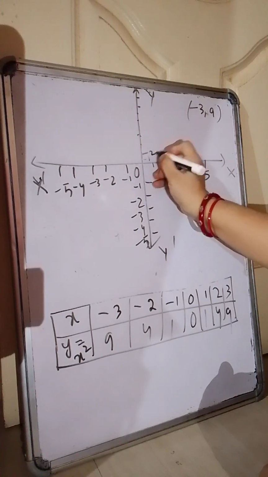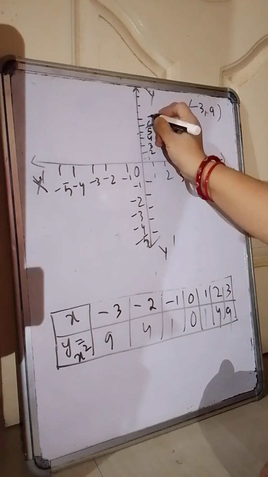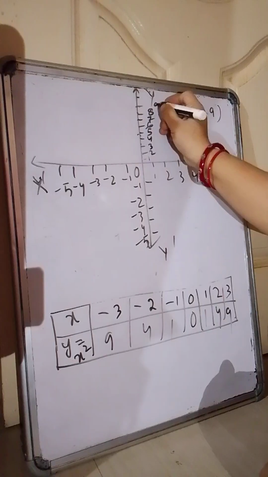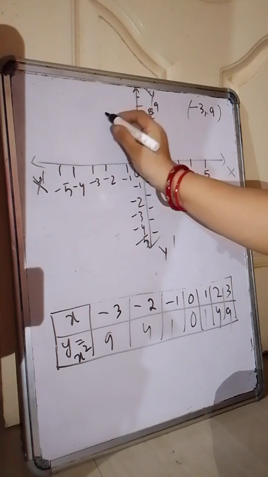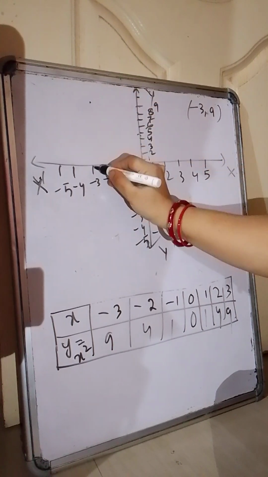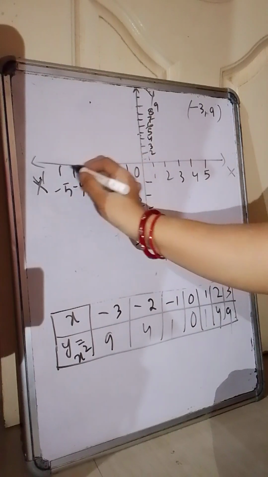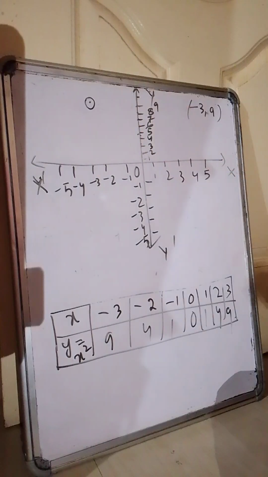So this is 1 2 3 4 5 6 7 8 9. Now -3, 9 is here: x is -3, you take it from this -3, and y is 9, so this point.